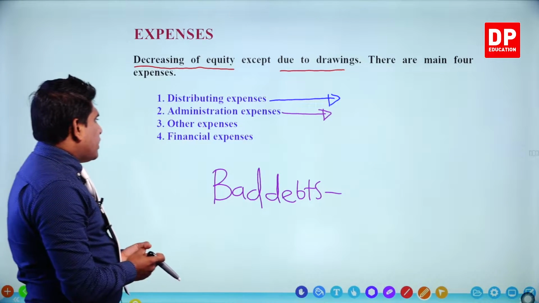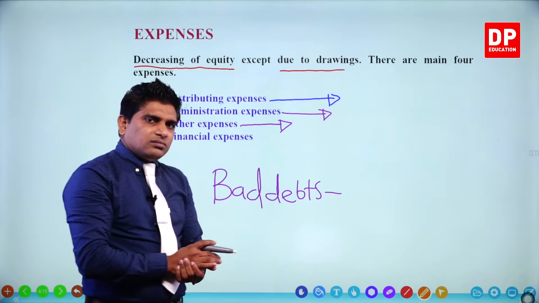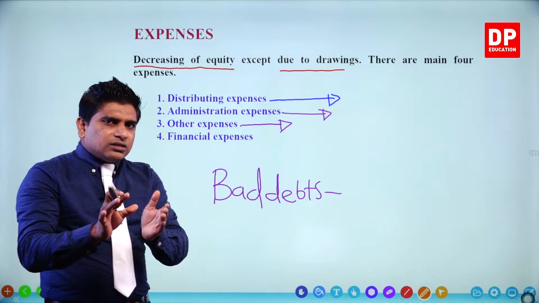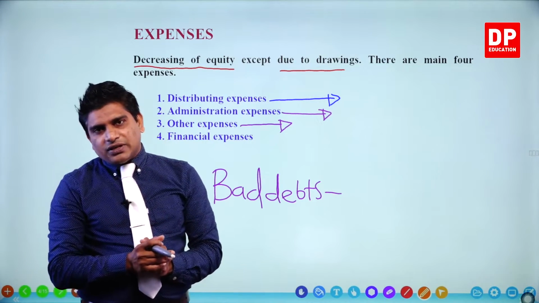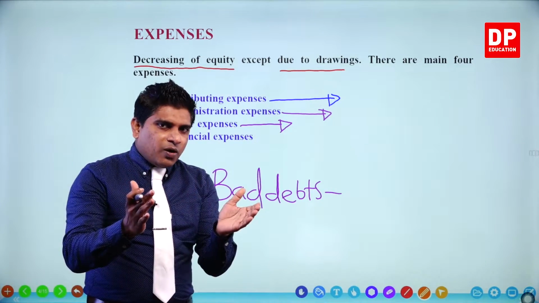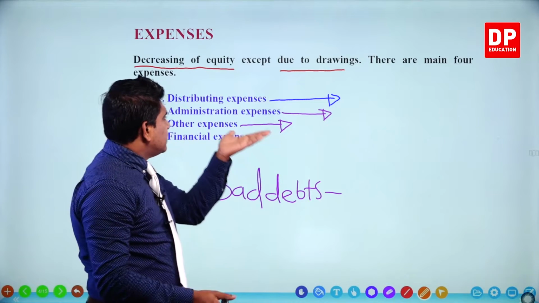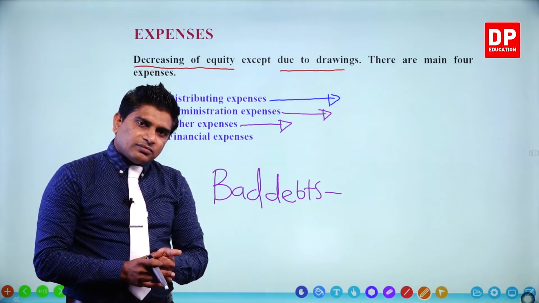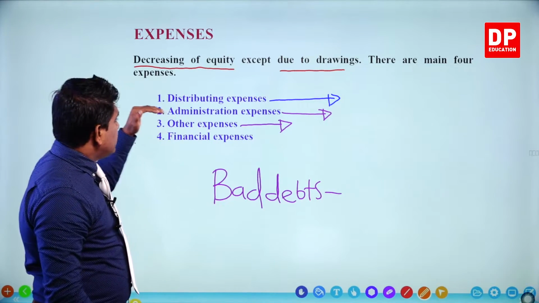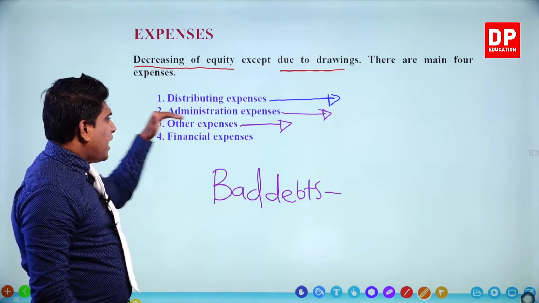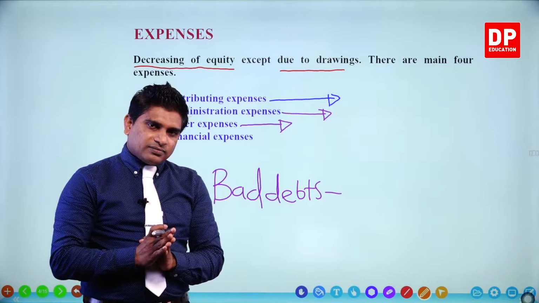Right? The next one, other expense. Other expenses are the expenses which are not related to distributing and administration activities. Advertising gives big support to promote sales, so it goes under the distributing category. Water bill and electricity bill are administration-related activities, so they come under the administration expense category.